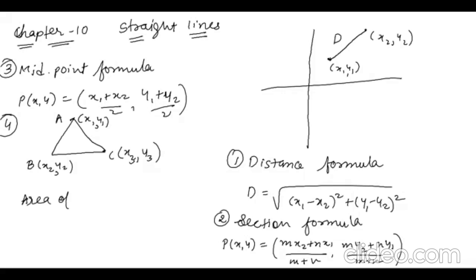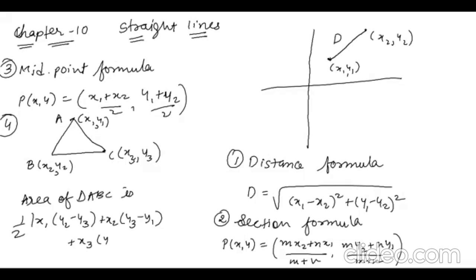Area of triangle ABC is half mod of x1(y2 minus y3) plus x2(y3 minus y1) plus x3(y1 minus y2). This is the formula for finding the area of a triangle if you are given the coordinates of the three vertices.